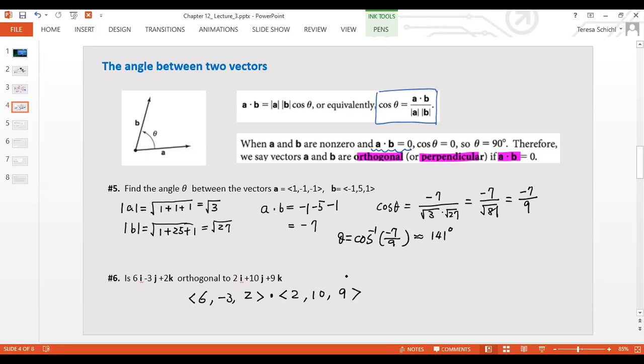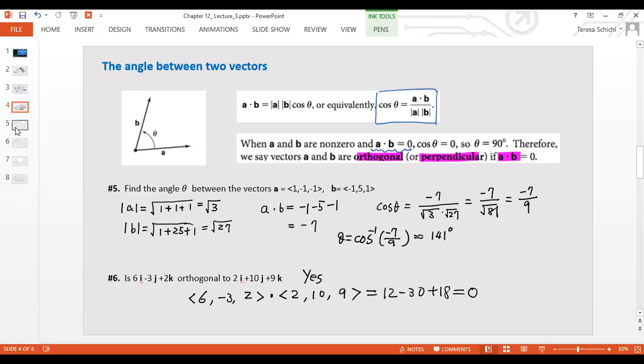So 6 times 2 is 12, negative 3 times 10 is negative 30, and 9 times 2 is 18. So it's equal to 0. So yes, they are orthogonal to each other. That means these two vectors are perpendicular, 90 degrees.